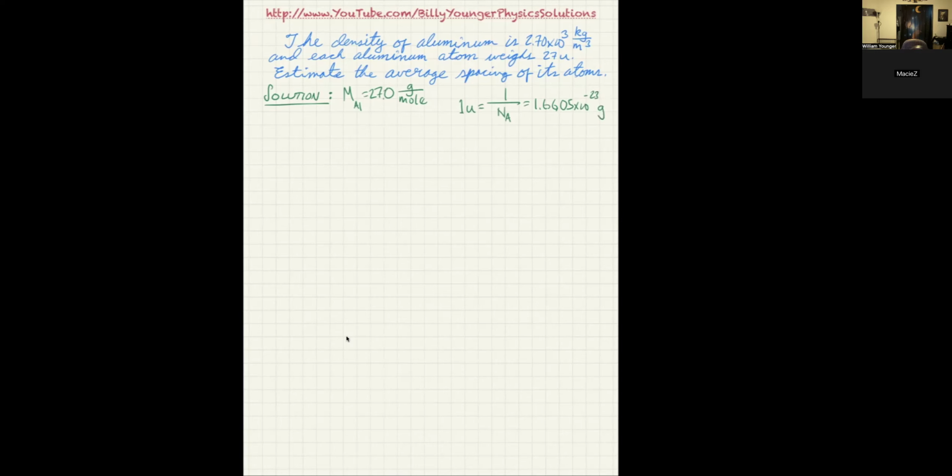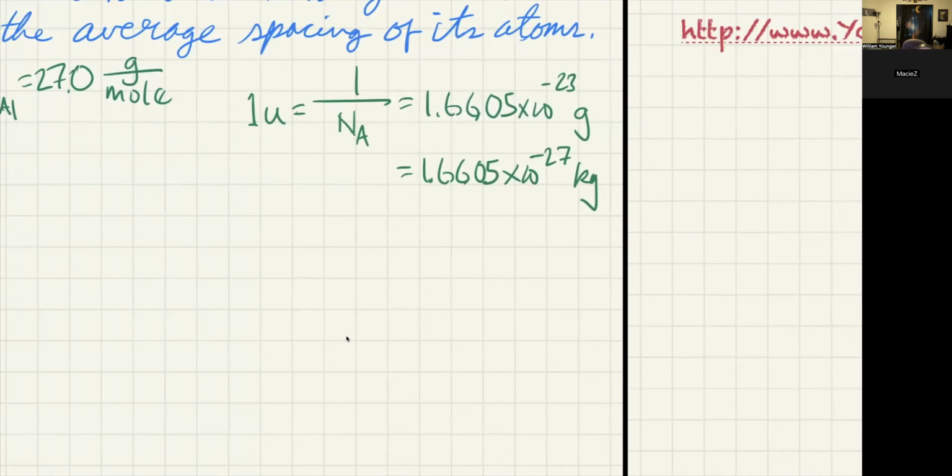So if you wanted to make it in kilograms, it'd be 1.6605 times 10 to the negative 27 kilograms. And actually, that top one was supposed to be 4, not 3. I think I was messing with Avogadro's number and used the 23 instead of the 24. So those are actually the results.